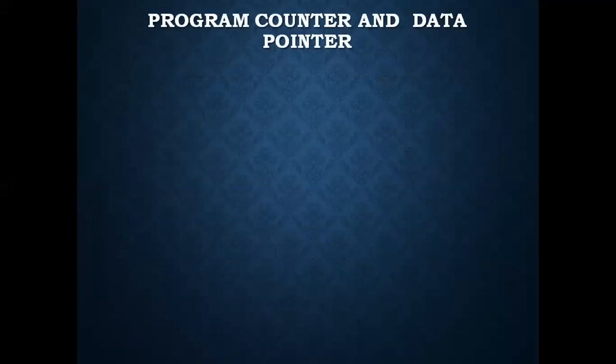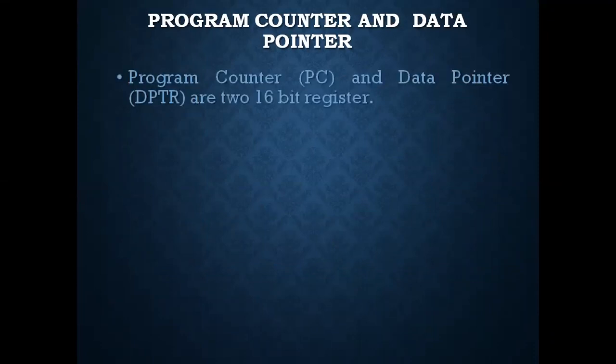Now we are coming to the program counter and data pointer. Now we know that the program counter stores the next instruction to be executed. That address is stored. If you remember, this microcontroller address length is 16-bit.